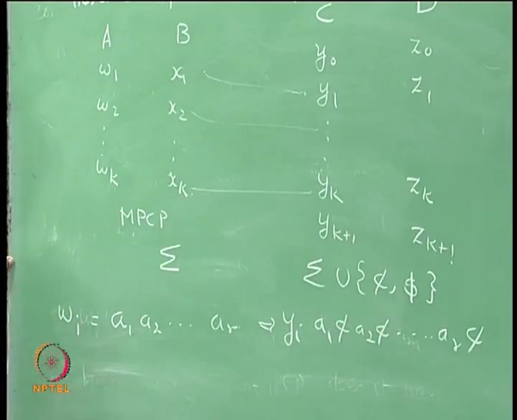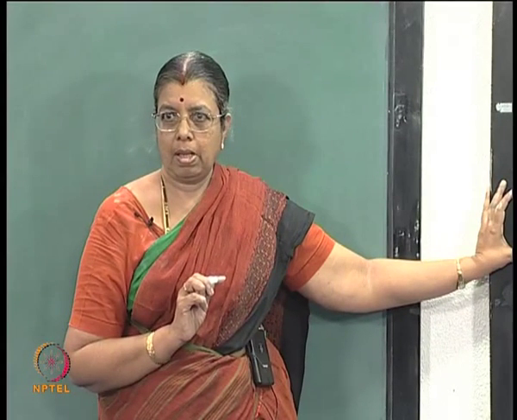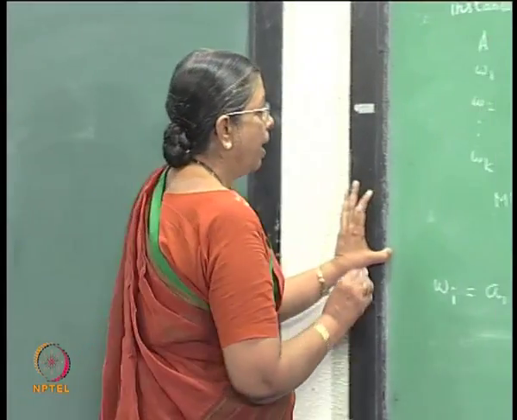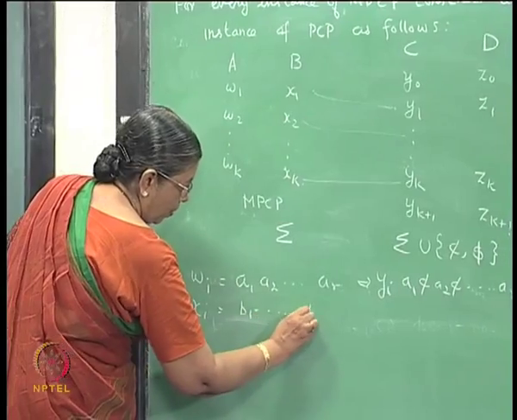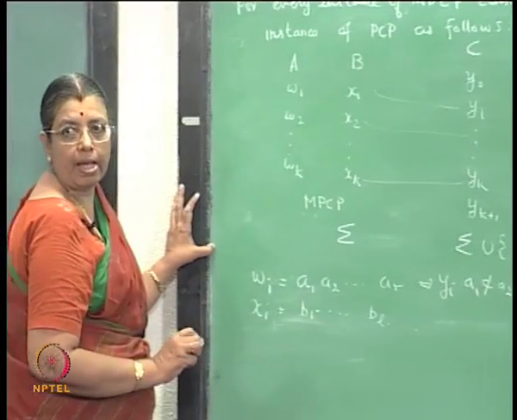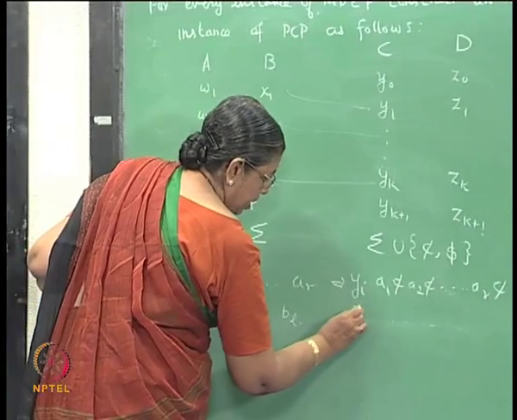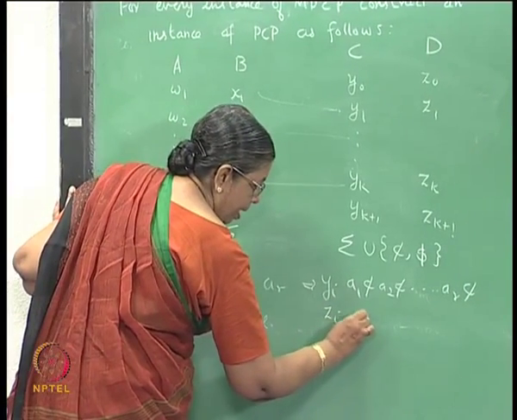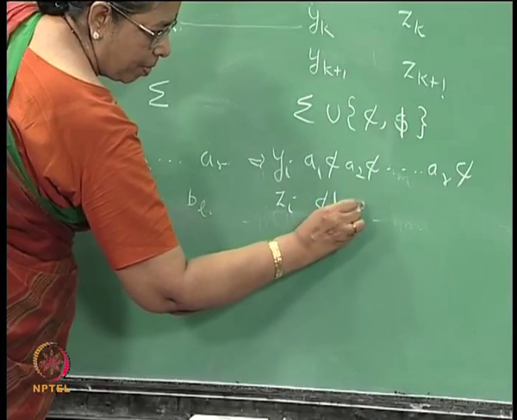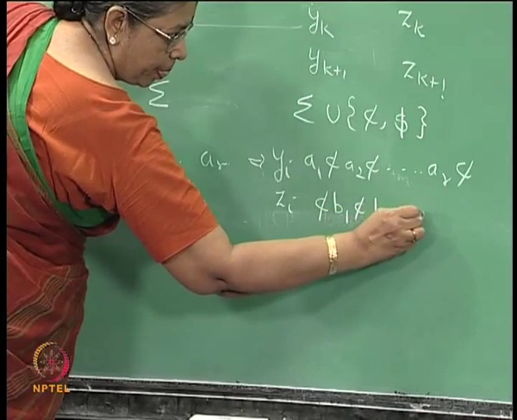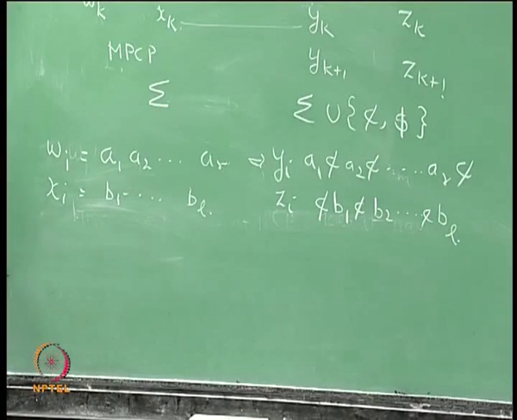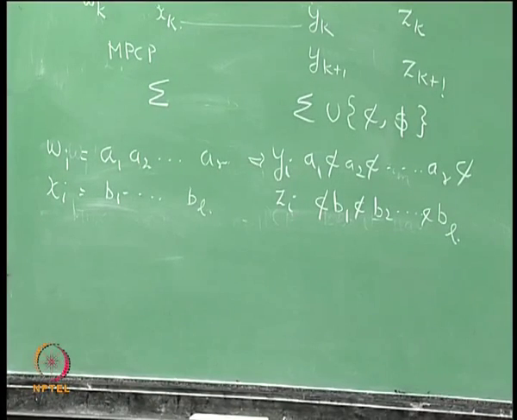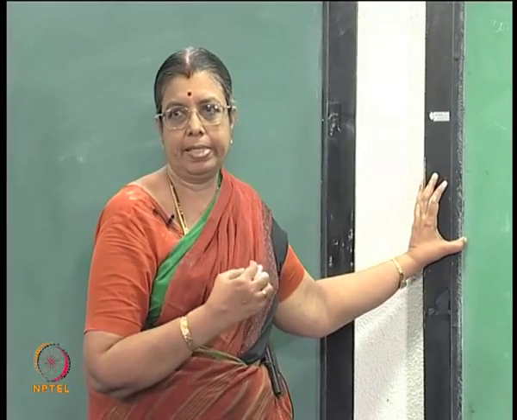After every symbol use the marker. And if Xi is b1 b2 ... bl, say, then Zi will be marker b1, marker b2, ..., marker bl. Every symbol is preceded by the marker sign.